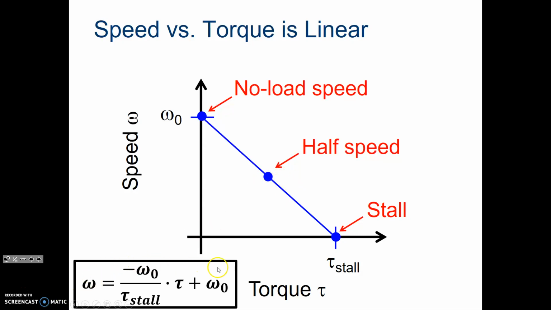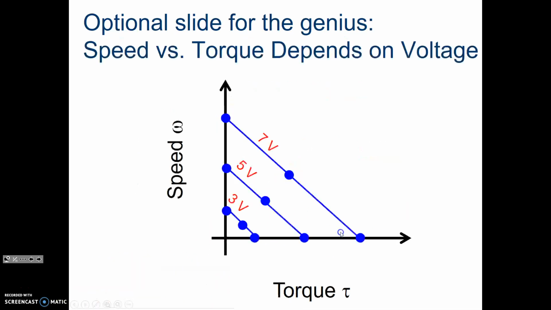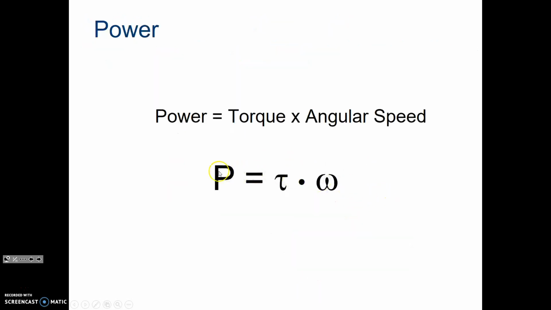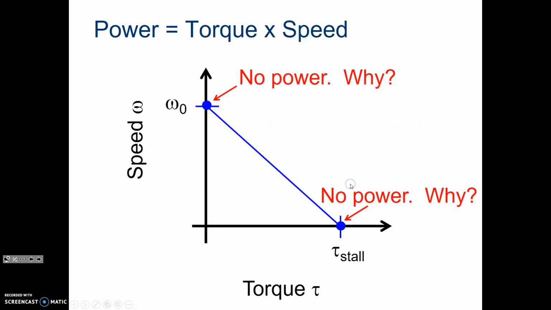And then this is the half speed. So this is the equation of this line, and what we can do is use that equation. Now, depending on the voltages, it changes where that line is. So we can look here and we can see the different speeds at different voltages. Now, power is just torque times omega, the angular speed.